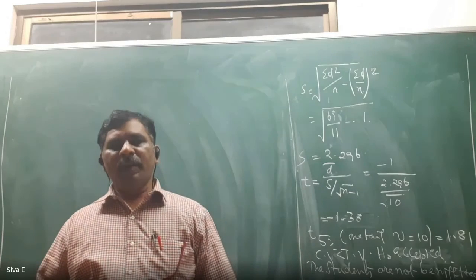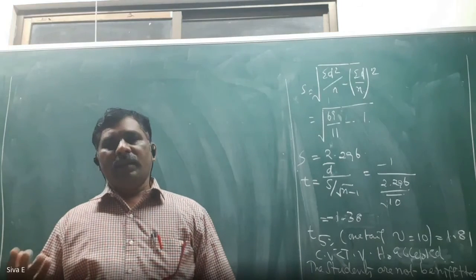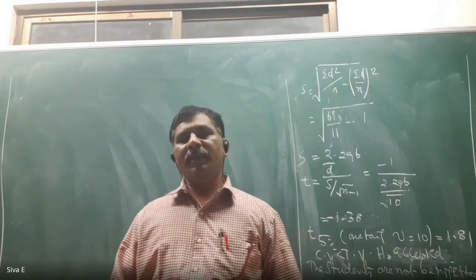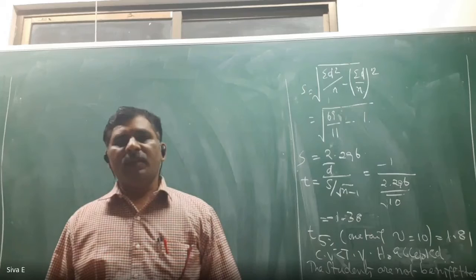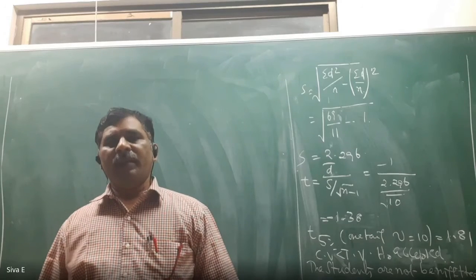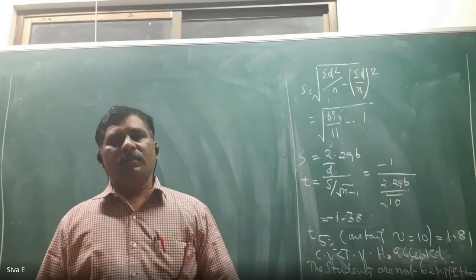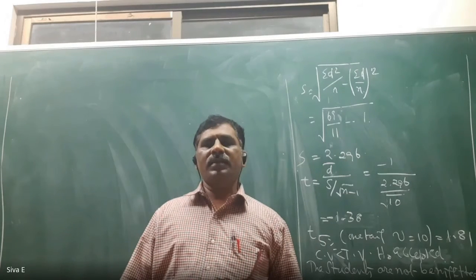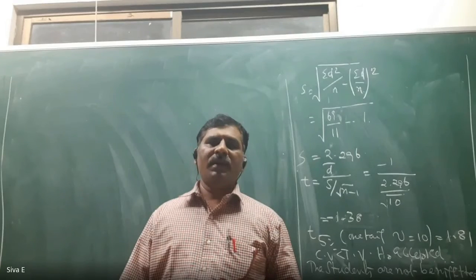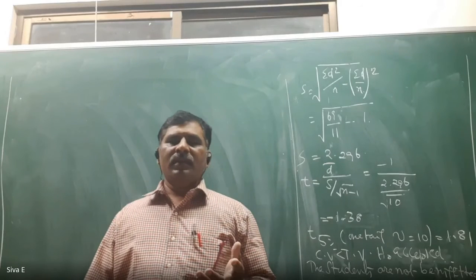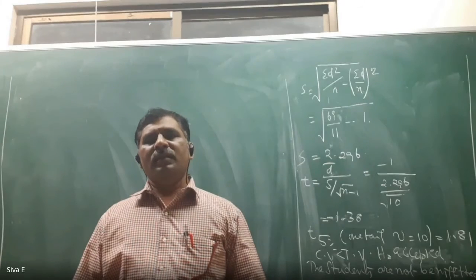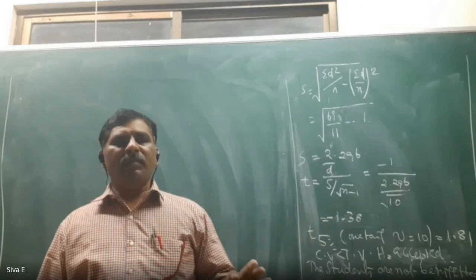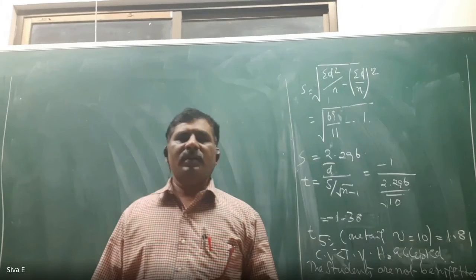For the independent sample, the procedure is totally different from the dependent sample. So identifying the problem is very, very important because they won't mention in the problem whether the samples are independent or dependent. And then you have to remember all the formulas. That is much more important.